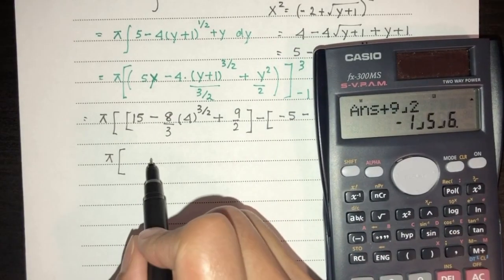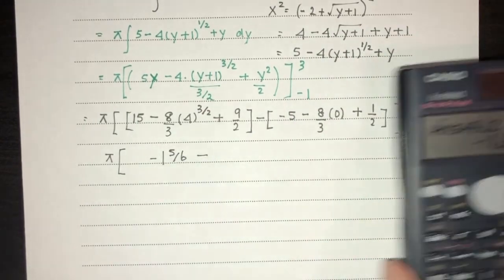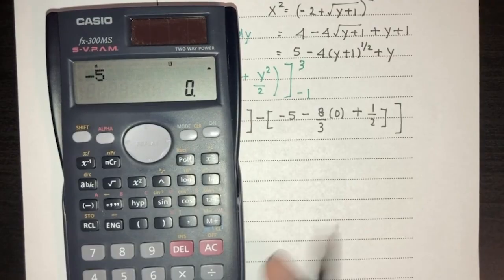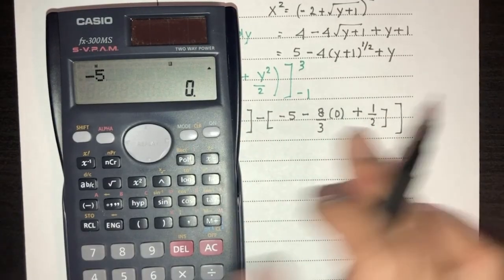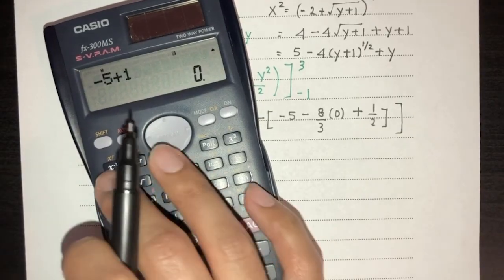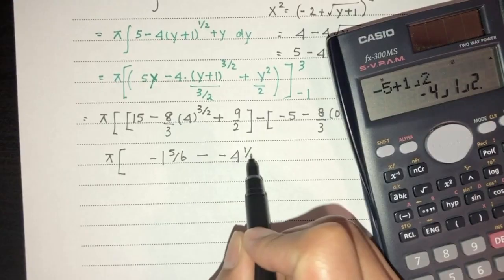That should be 5 over 6. Now minus, what does this one become? Minus 5 plus half. That should be minus 4.5.